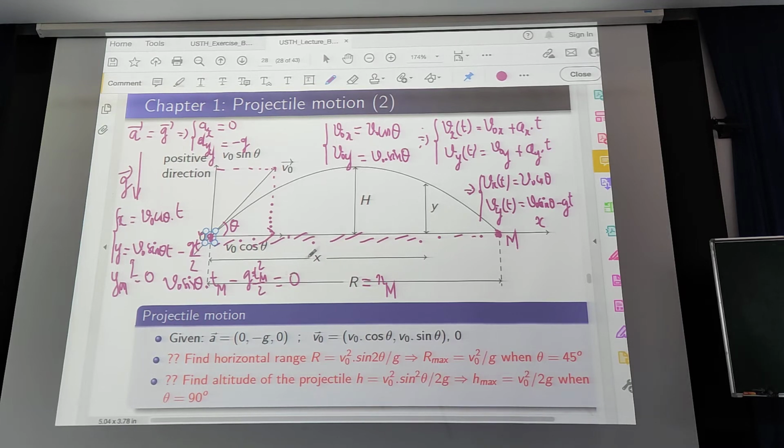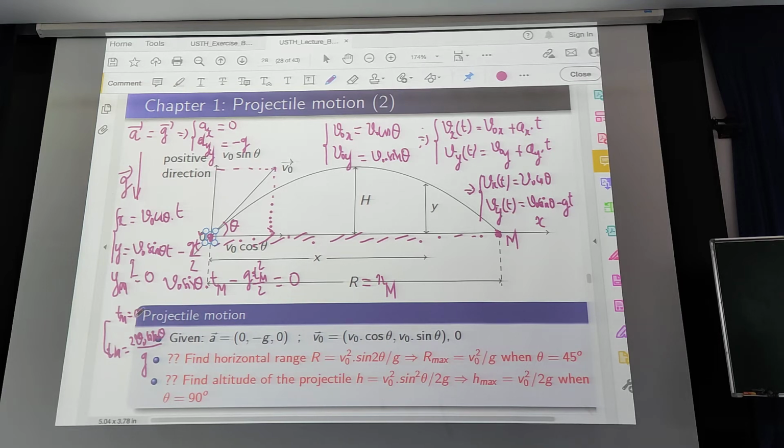Alright? So, can you solve this equation? It gives you two solutions. The first solution is t at M equal to 0, and t at M equal to 2 V0 sine theta divided by g. Okay?